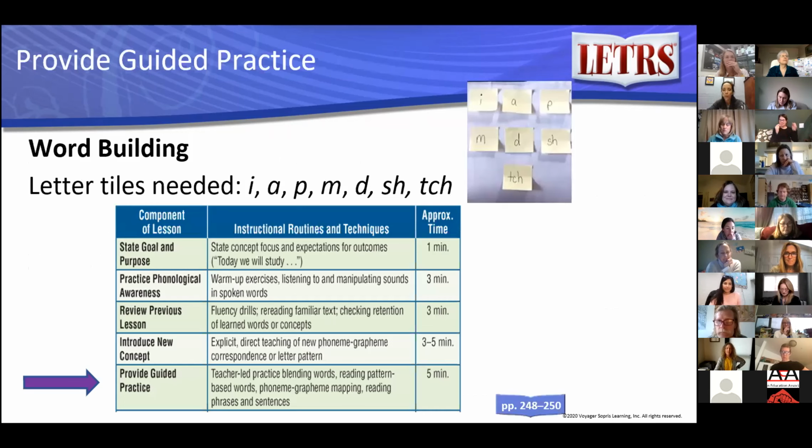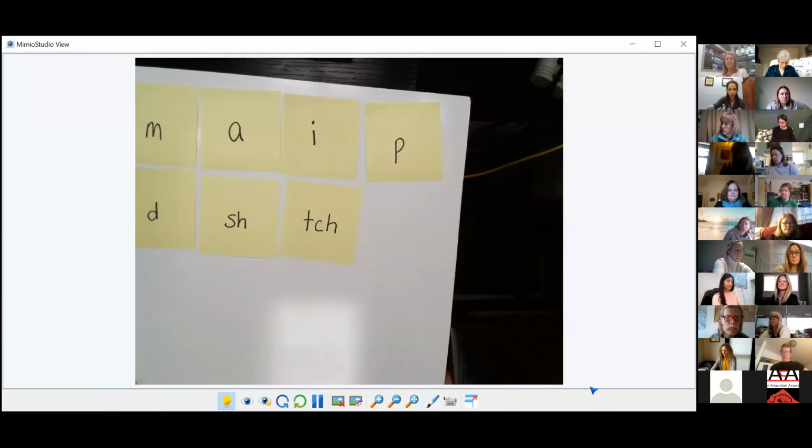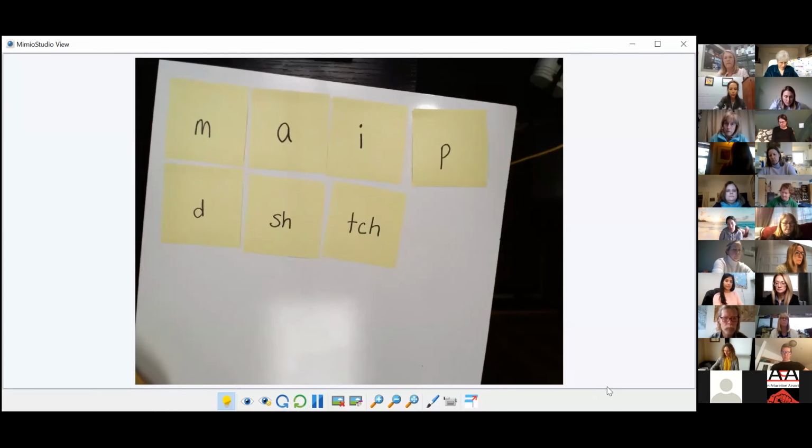Okay, so go ahead and get your letter tiles. I'm going to switch to my dot cam here. Set your letter tiles up in front of you. Got mine here.